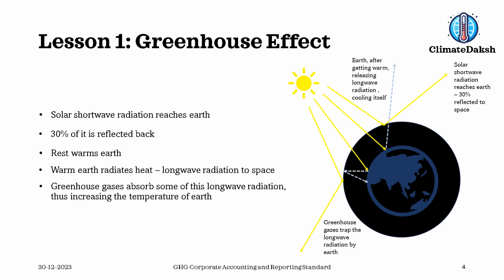While some of this infrared light continues into space, the vast majority gets absorbed by atmospheric gases known as greenhouse gases, causing further warming. CO2 is a major greenhouse gas.